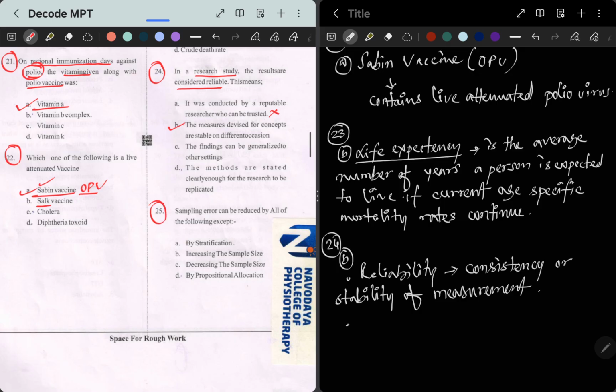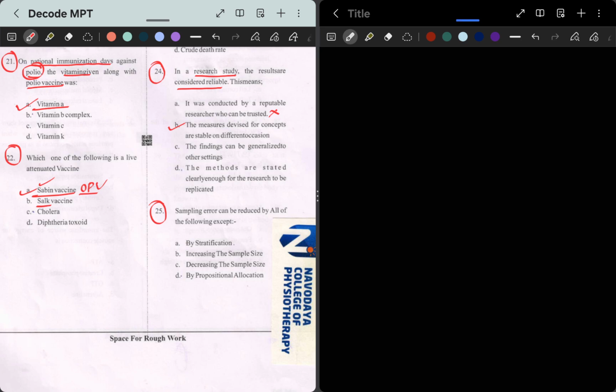The next question, question number 25. Sampling error can be reduced by all of the following concepts. The options are A, stratification; B, increasing the sample size; C, decreasing the sample size; and D, proportional allocation. The answer will be decreasing the sample size.